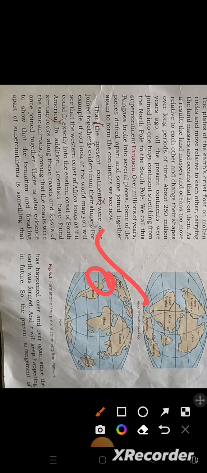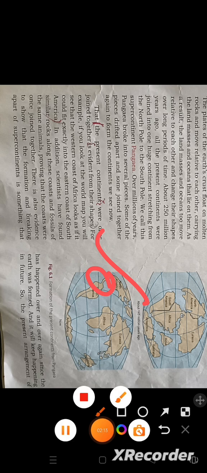Next is heat zone. If this is the sun, and this is our world, I am just showing this area so that you can understand clearly.